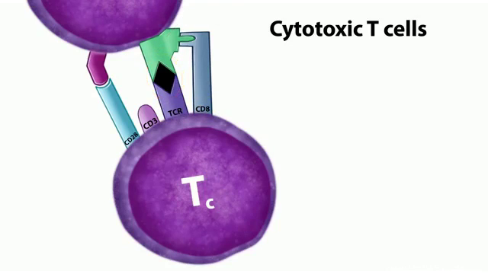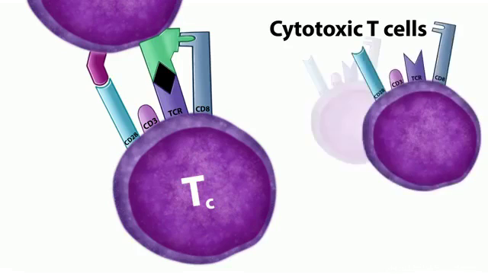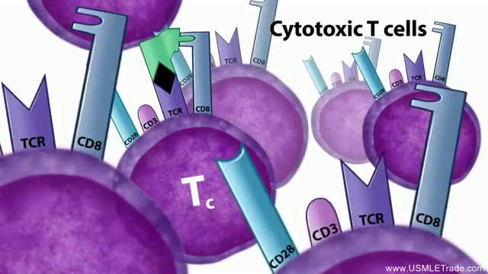And then the second signal is that, again, the T cell has a CD28 surface marker that recognizes a B7 protein on the antigen-presenting cell. And then once that cytotoxic T cell has been activated, it can go kill infected cells. And also, the IL-2 that the T cells are making is going to stimulate clonal expansion of more of these cells with this specific T cell receptor, which allows the body to kill even more infected cells.